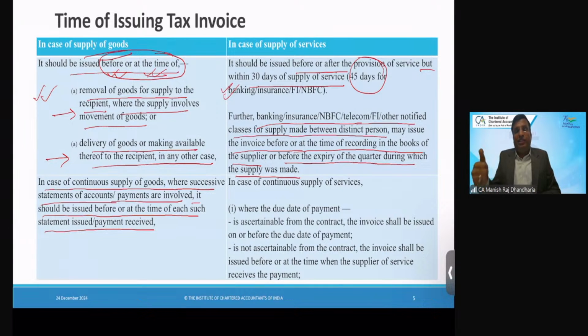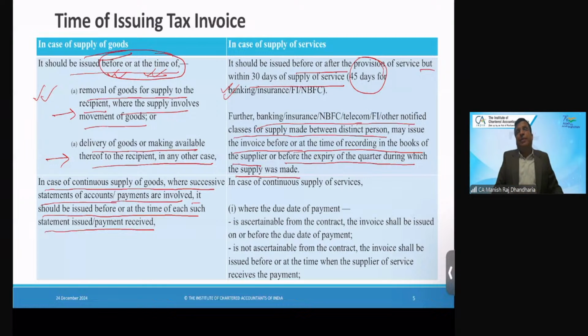Okay. So to conclude, in case of continuous supply of services, what will happen? In case the due date is ascertainable, we will make the invoice on the due date. If the due date is not ascertainable, then when the payment is received, we'll make the invoice on that day. And in the other case, if the contract is such that payment is linked with a particular event, some event-related payment will be linked.